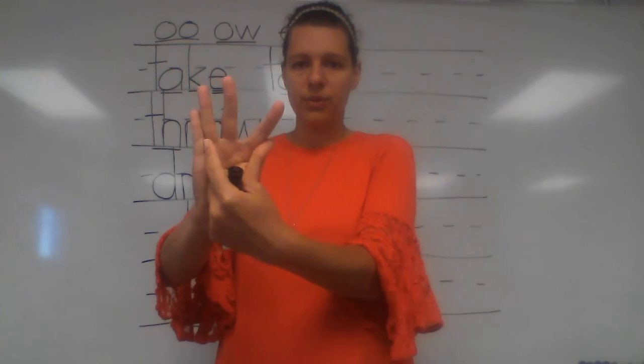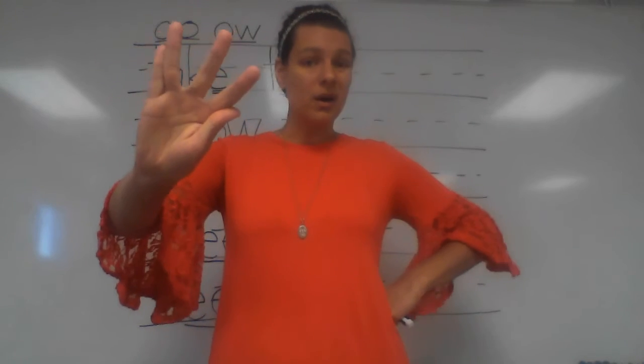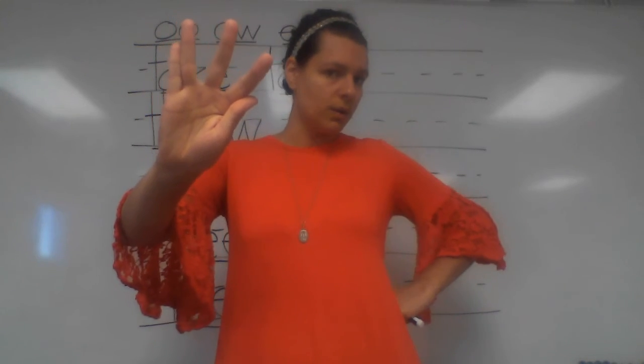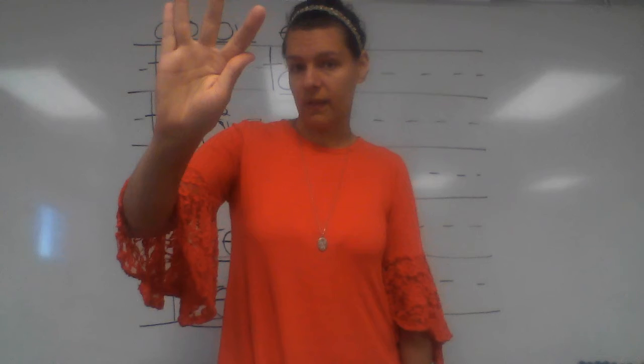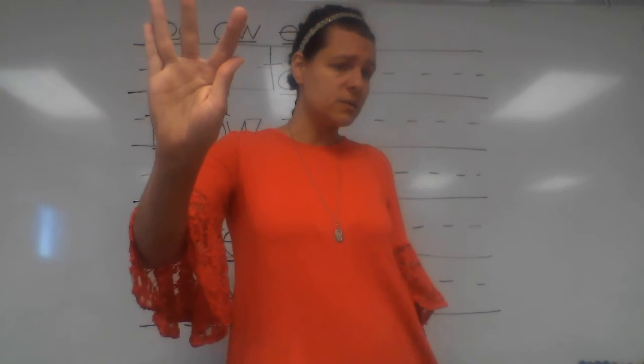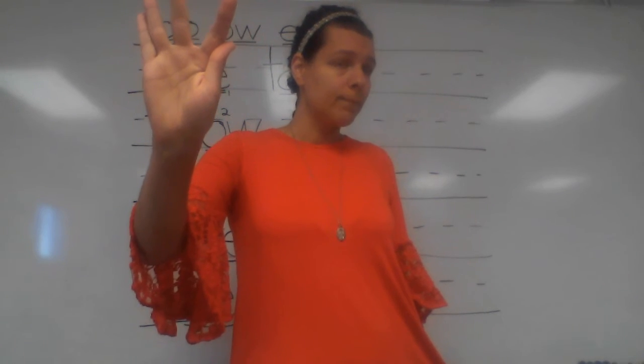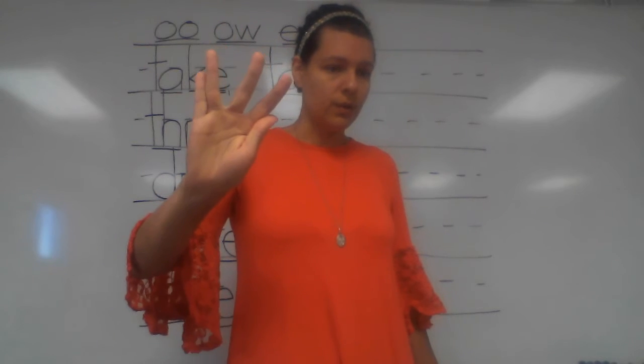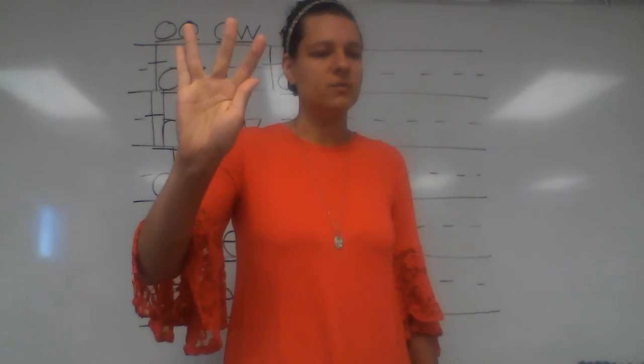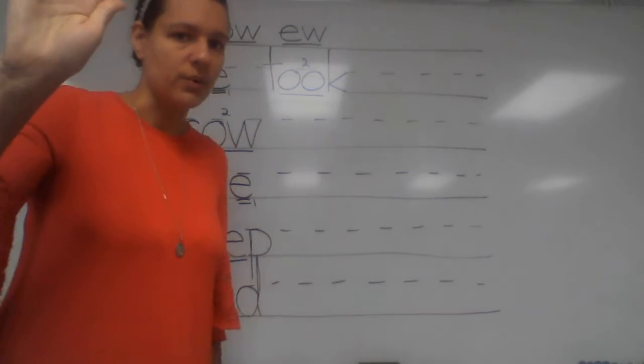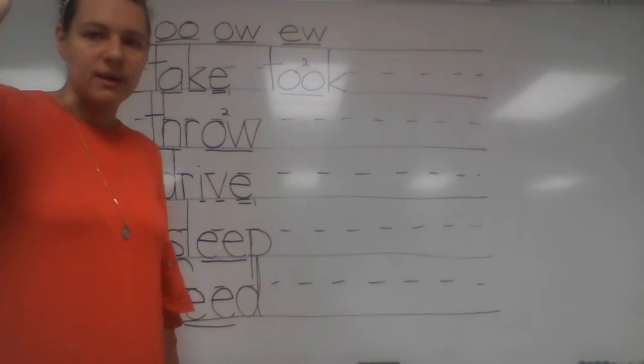Good, it's oo. Our oo is the oo that we do use at the end of English words. Which oo are we going to use in threw? Good, oo that we do use at the end of English words. Go ahead and write threw and say the sounds while you write them.